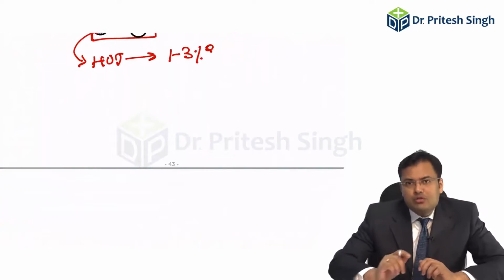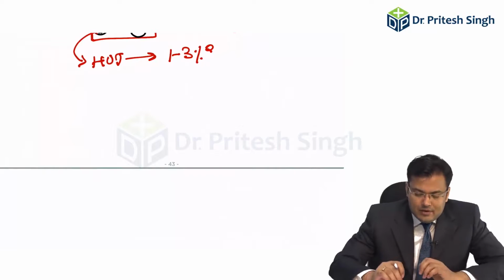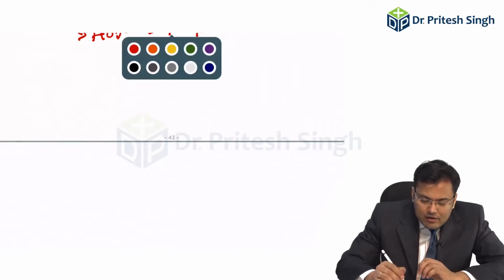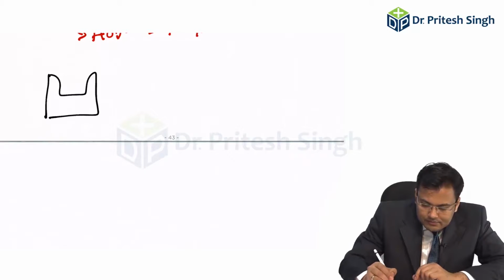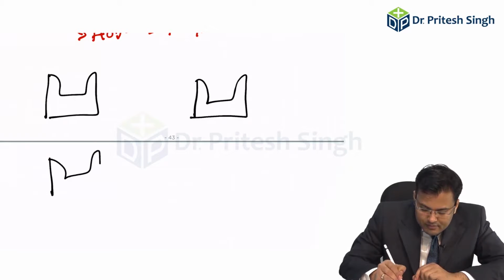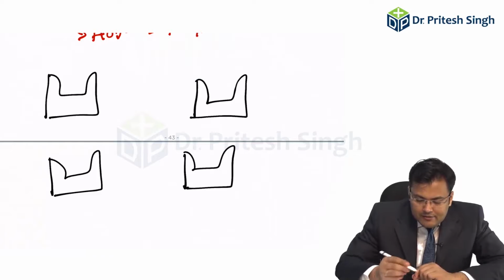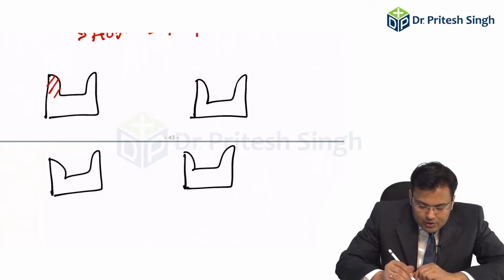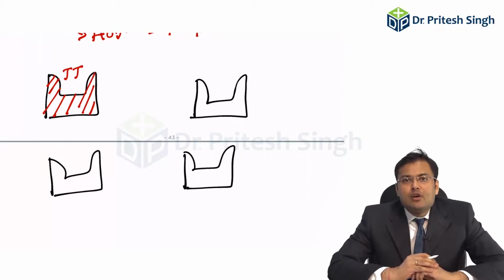After that, I want to tell you what are the types of thyroidectomy. So have a look. Types of thyroidectomy. So this is the thyroid gland. Now you see, in the first, if I'm going to remove the whole thyroid gland, this is known as total thyroidectomy.